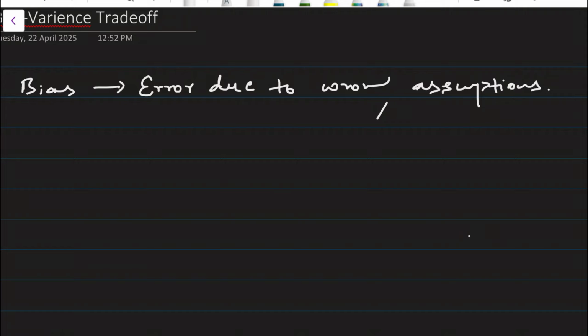This error due to wrong assumptions occurs when the model is very simple. Okay, so take a case where we have to use polynomial regression, but we have used multiple linear regression.